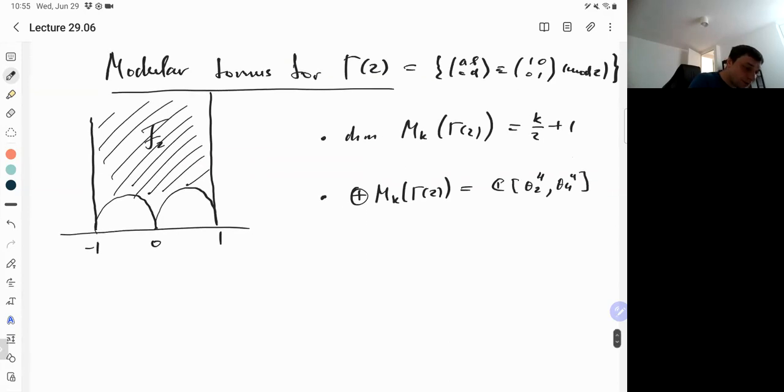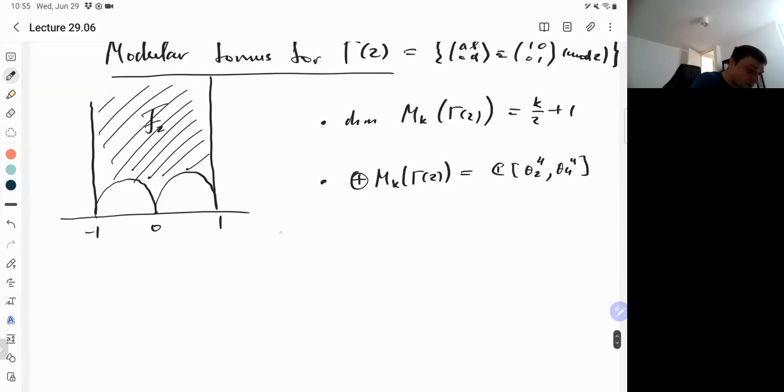I haven't quite defined them yet, but let me define them here. There are three theta series that are very useful whenever you're working with modular forms for gamma 2. They're defined as follows.